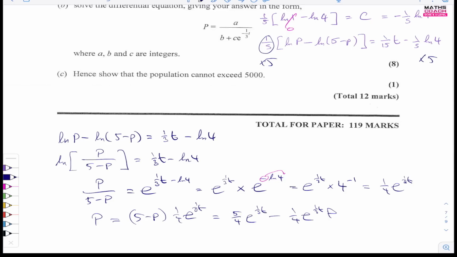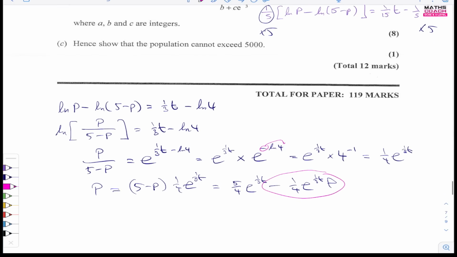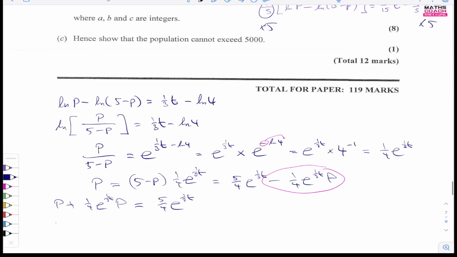I want to make p the subject, so I now need to move that p term to the left, add it on with the other p. So p plus 1/4 e to the 1/3 t p equals 5 over 4 e to the power 1/3 t. Factorize the p out.